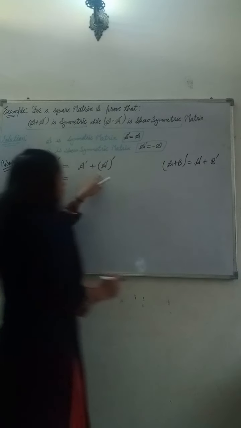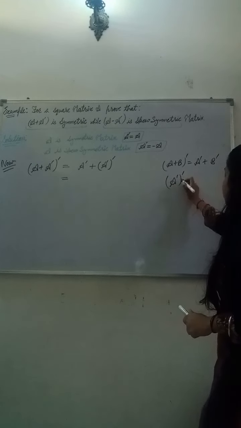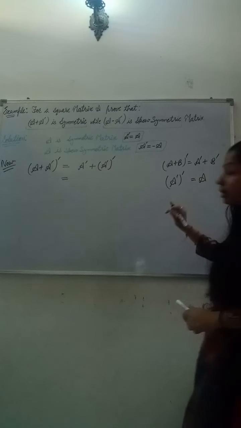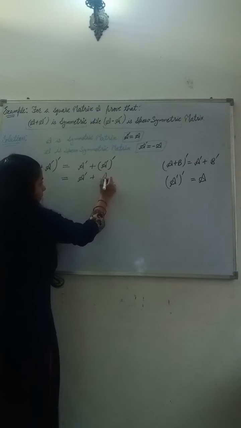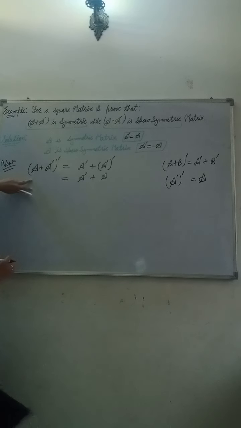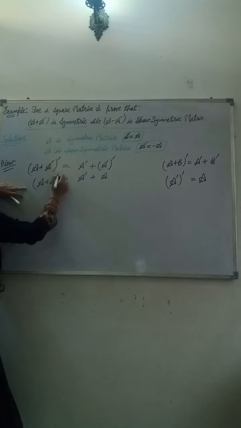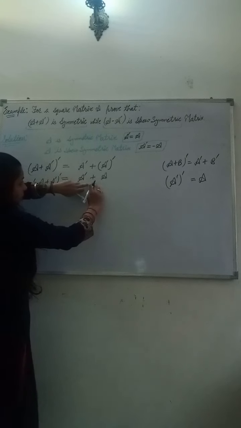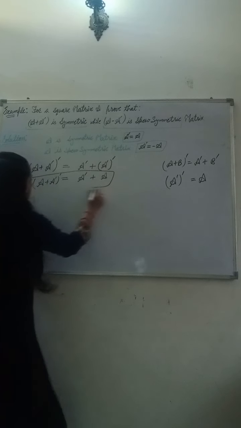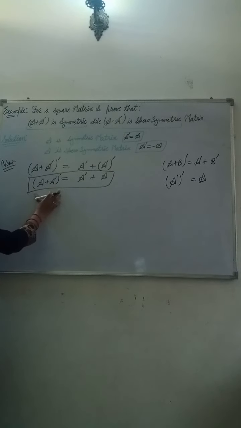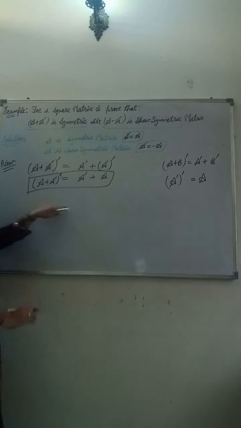Now we all know the property of transpose: A double dash is equal to A. So here I can put A. It means here you can see A plus A dash whole transpose is equal to A dash plus A. It means this matrix's transpose is the same as this matrix, so it is a symmetric matrix.